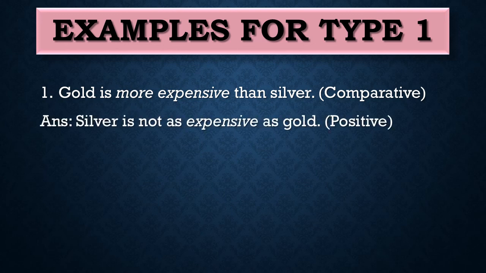In the next step, we have to change the degree. So the more expensive will become as expensive as. And the affirmative sentence is to be changed into a negative sentence, which includes no, not or never. So, we can frame the sentence: silver is not as expensive as gold.